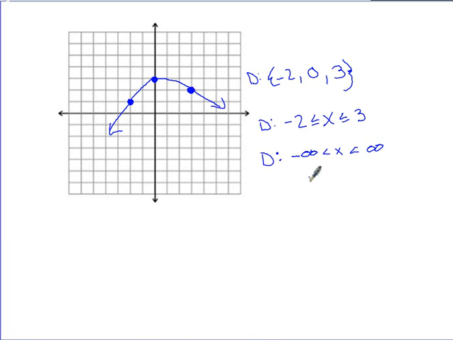We could also write this as x is an element of. That's like a curved E, the mathematical symbol for element of. And then there is a symbol for real numbers, and it looks like an R with 2 lines. So x is an element of the real numbers. Either one of these is correct for the domain of this graph.